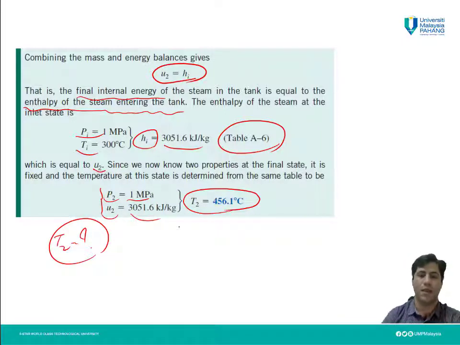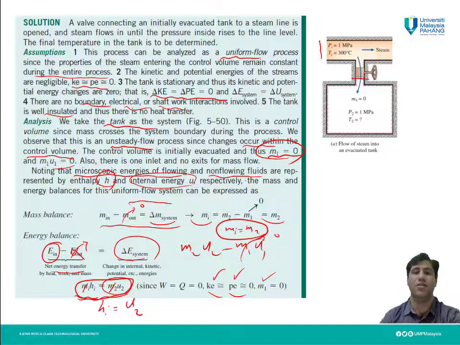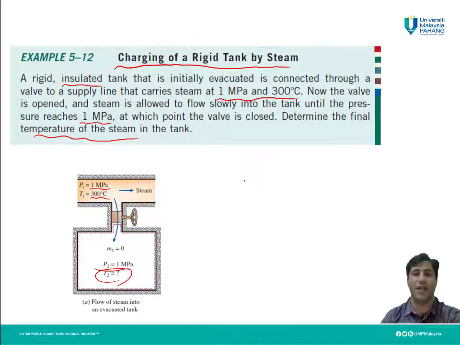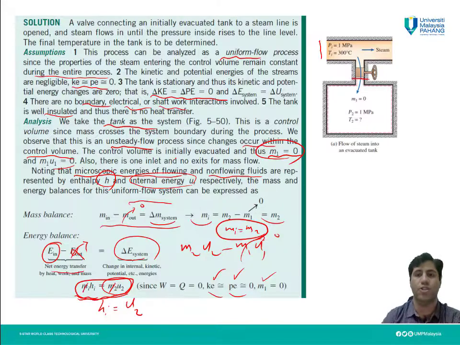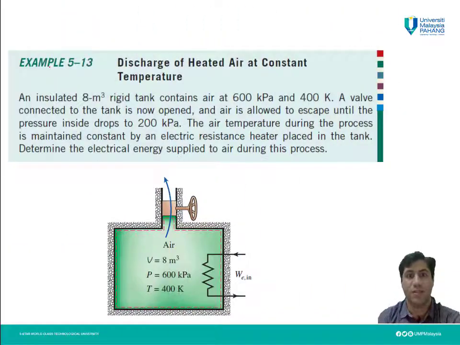Then you can see how we can use those equations to find the final temperature of the gas inside this charged tank, which is attached to a line which contains a flow of steam.